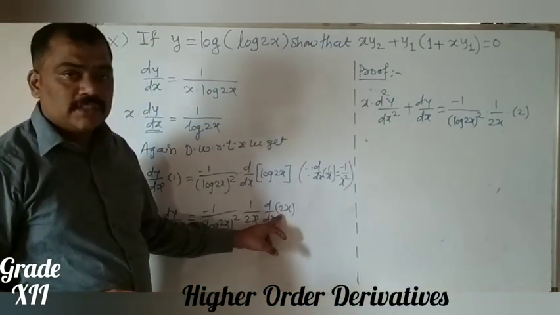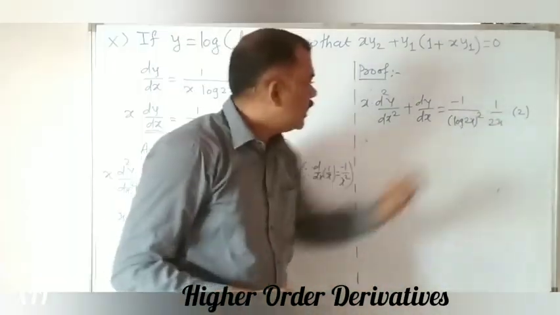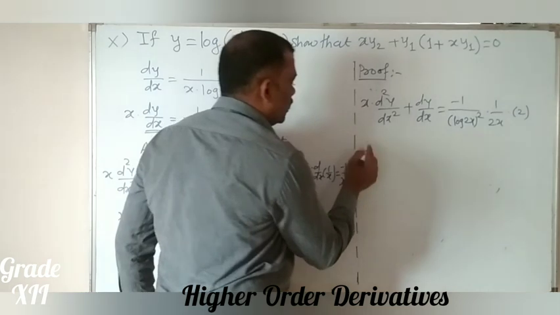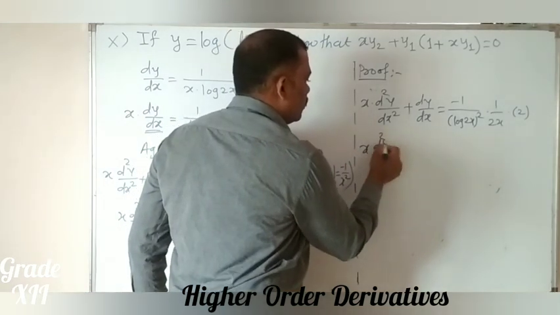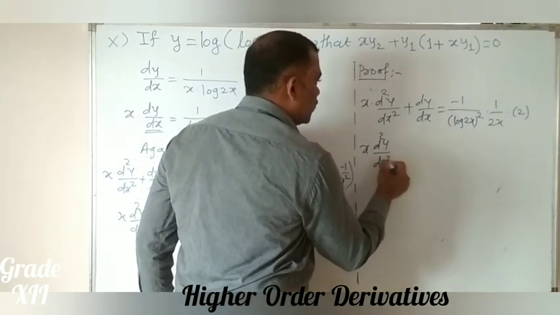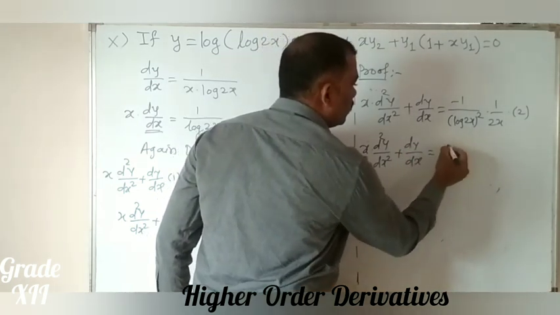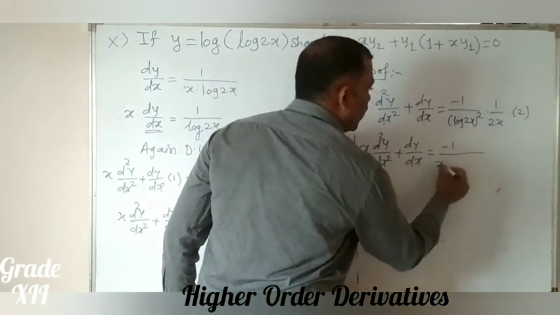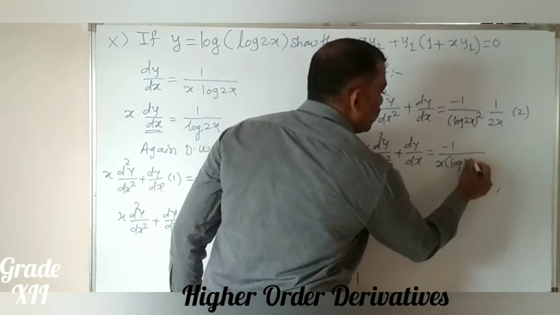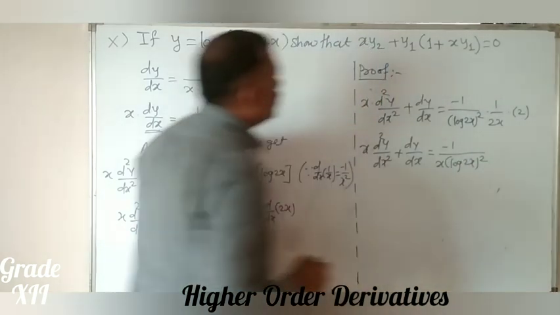Here 2 gets cancelled, so that what remains, x into d2y by dx square plus dy by dx is equal to minus 1 upon x into log of 2x bracket square.